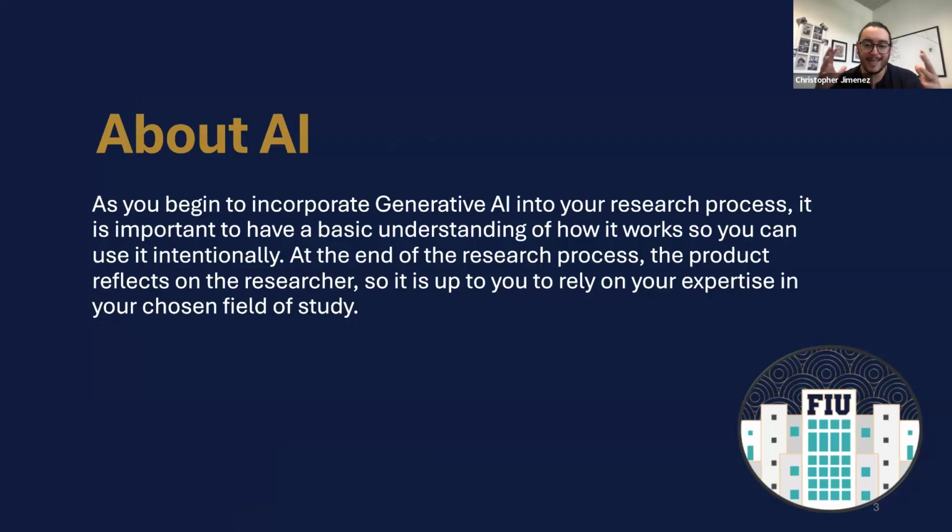So we do want to get a bit of a background so we are all on the same page. We know what we're talking about when we say AI. Artificial intelligence has been with us for decades now, right? I think the first big thing that I recall is AI assistants, like the voice assistants.